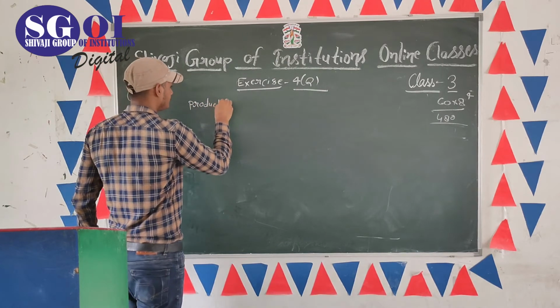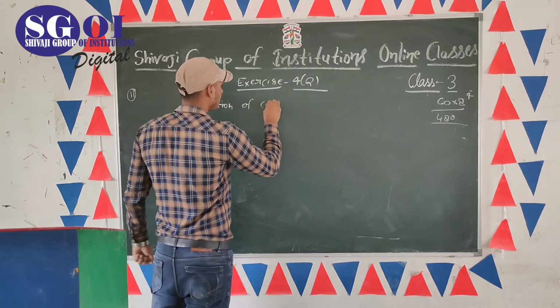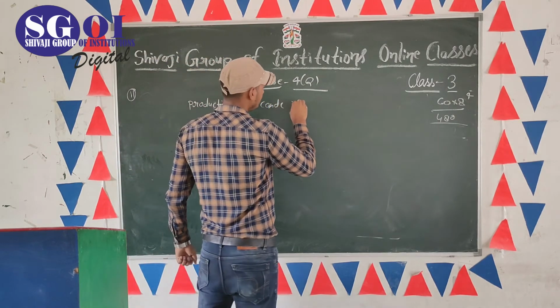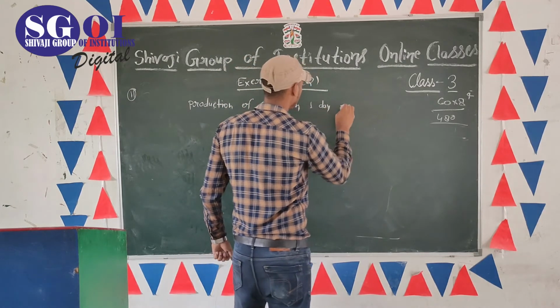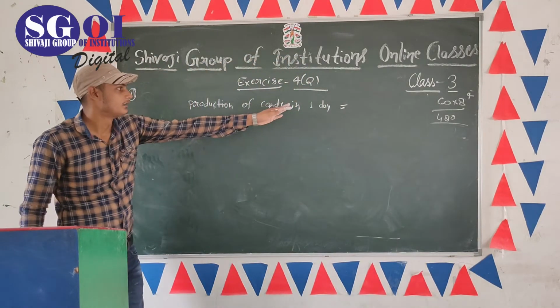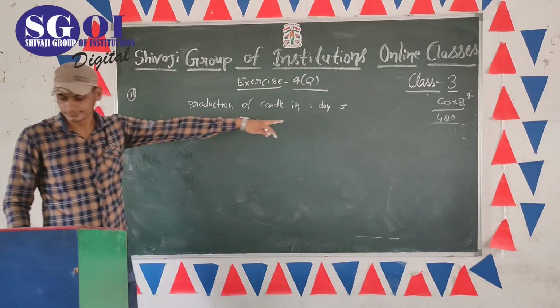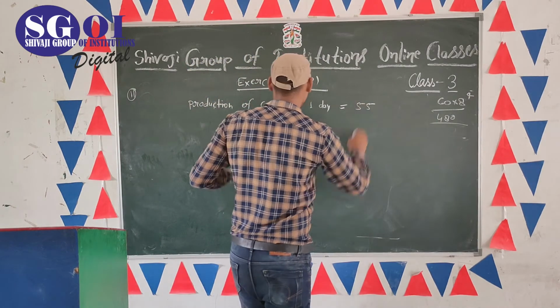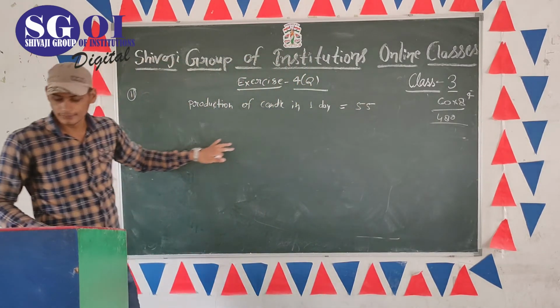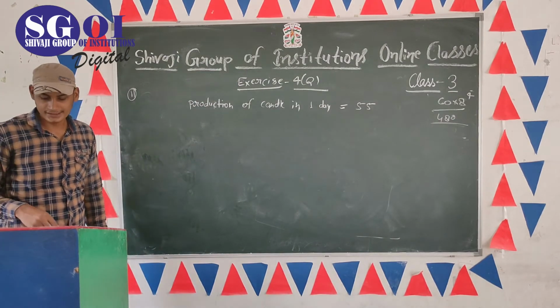Production of candles in one day is equal to 55. How many candles will this factory produce in 6 days?